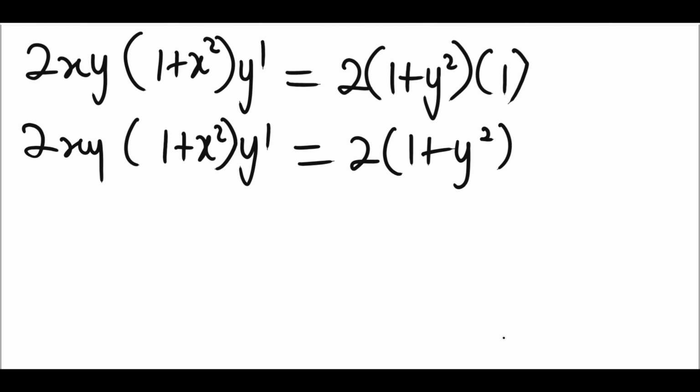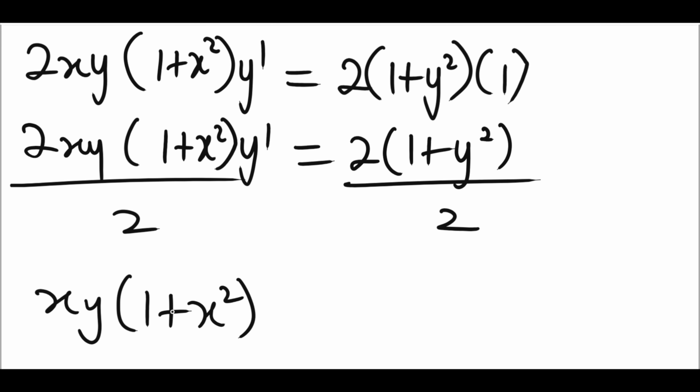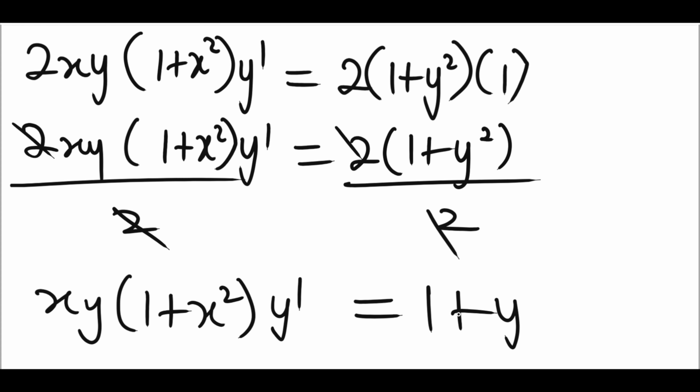Alright, now what we are supposed to get doesn't have 2 here. It's only xy. So we need to divide through by 2. So we are going to get xy multiply 1 plus x squared dy dx equal to, this one also cancels this. So we are left with 1 plus y squared.